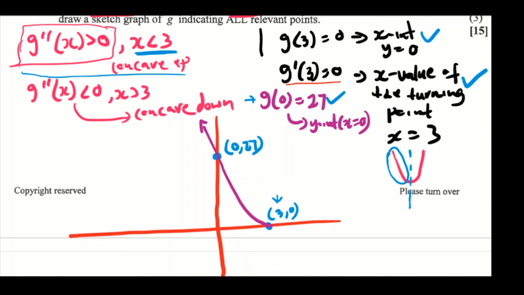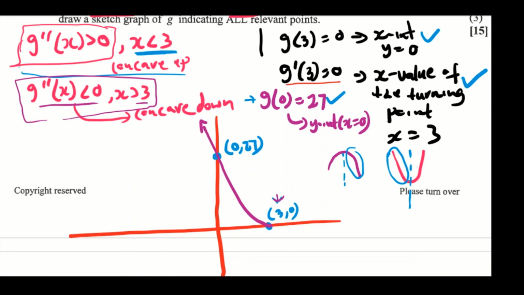And now let's look at this part here. g prime prime of x is less than 0 when x is greater than 3. So when x is greater than 3, it's concave down. So now it's set like this. But we're just going to consider this portion here.